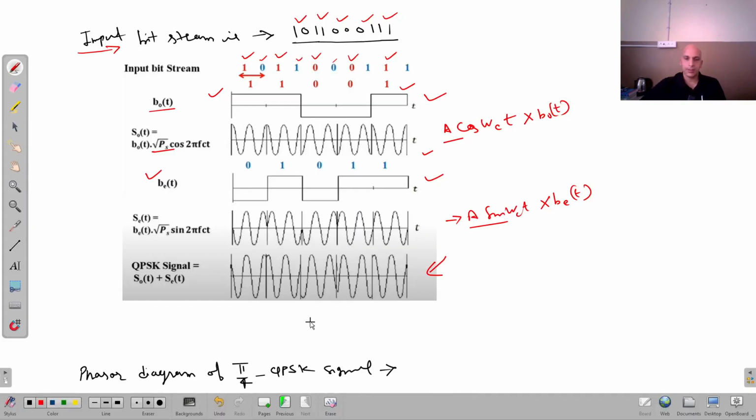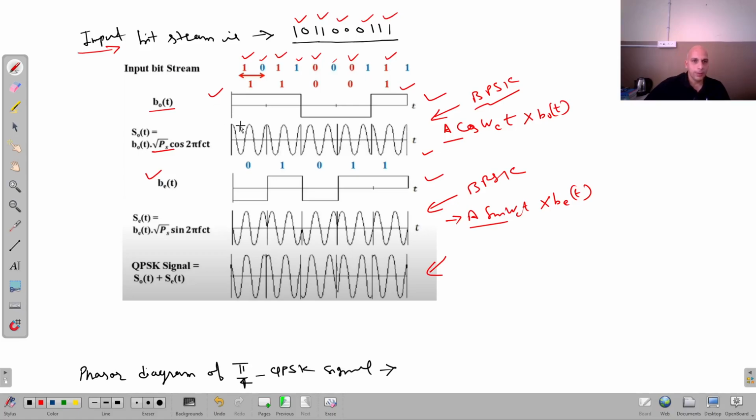So you can see these signals, this one and this one, both these signals are simply binary phase shift keying signals. This is also a BPSK signal.